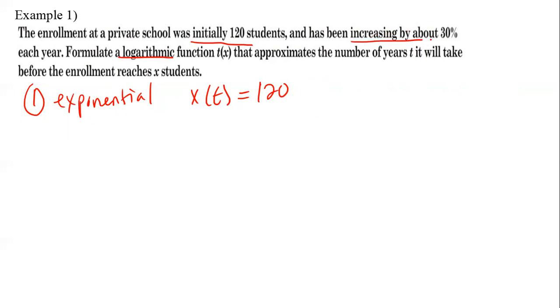You're increasing, which means that you have your 100% plus your 30%, which equals 130%. And so as a decimal, what is 130%? 1.3. So that's our exponential model.